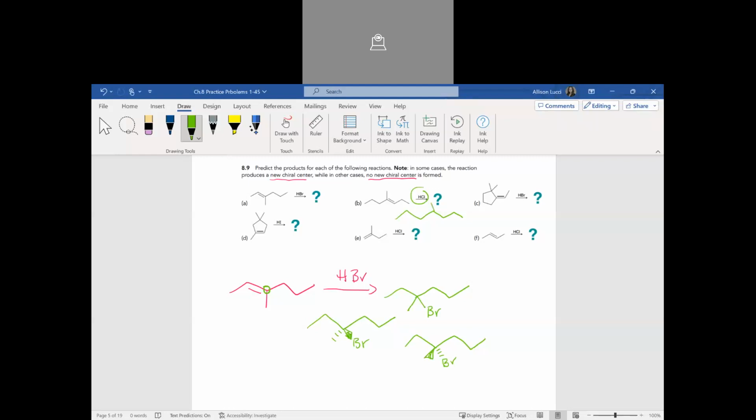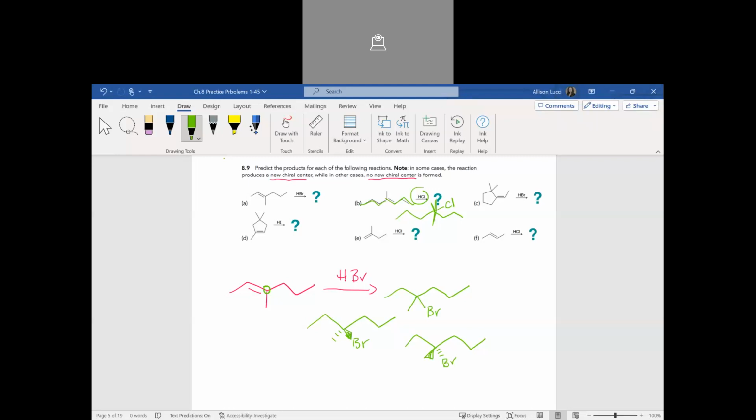So we have this methyl group in the middle here, and when the chlorine adds, as we expect, in a Markovnikov fashion, we will not have a chiral center created, because you can see that this is a symmetrical molecule. So 4 carbons here, 4 carbons going that way. So no chiral centers here, and we only have this one product.